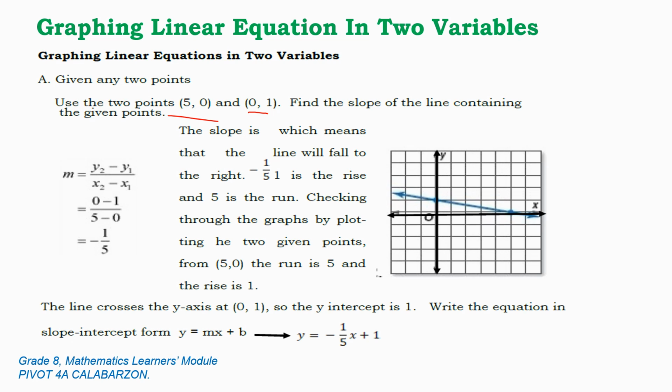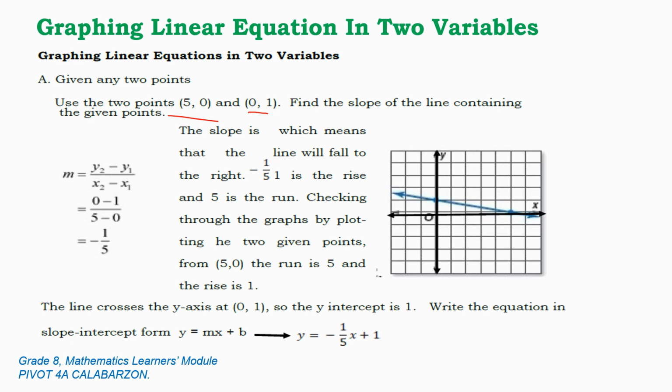Then if you want to use the rise and run, so locate the point and from one point going to the other point, just run from here 1 2 3 4 5 and then the rise 1. So the same naman yung sa akin lang din. Then getting the slope, pwedeng rise and run, the slope is 1 over 5, and then the formula of the slope, okay, the same 1 over 5.